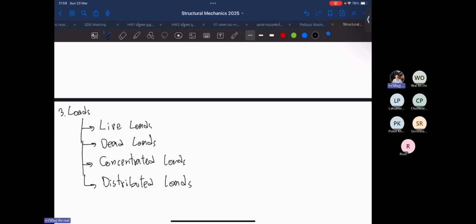This one can be changed throughout the time. That one we call the live load. This live load also includes the wind load, because we don't know exactly how much the wind load is, so it can be changed. As it's changeable, the variety of this load is high. So when we design, we need more safety factor for this load. Okay, more safety factor required.